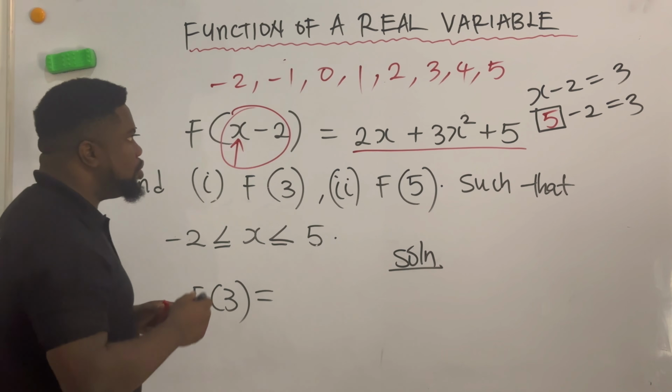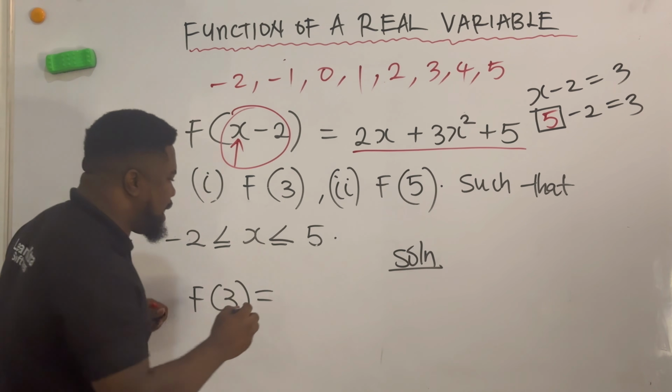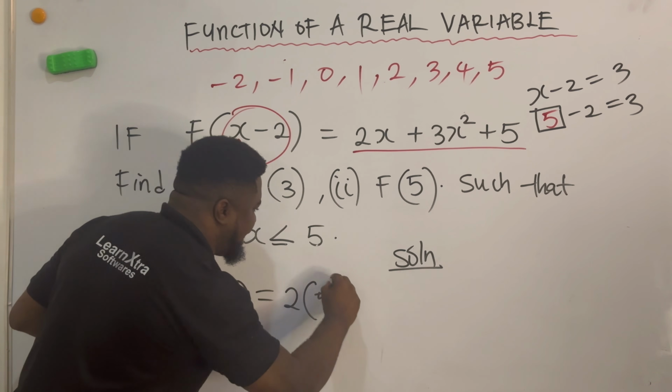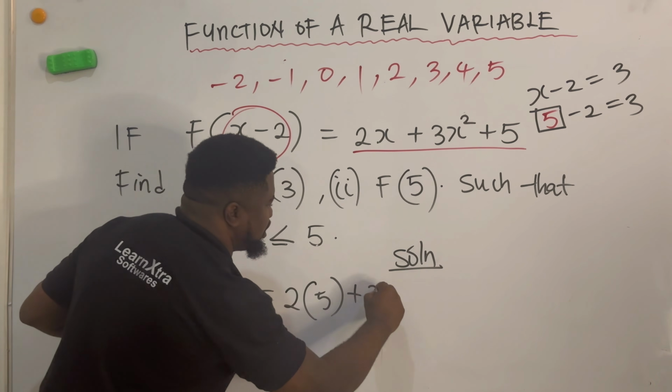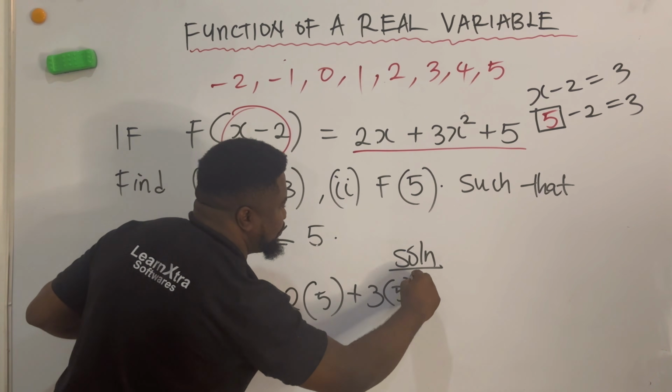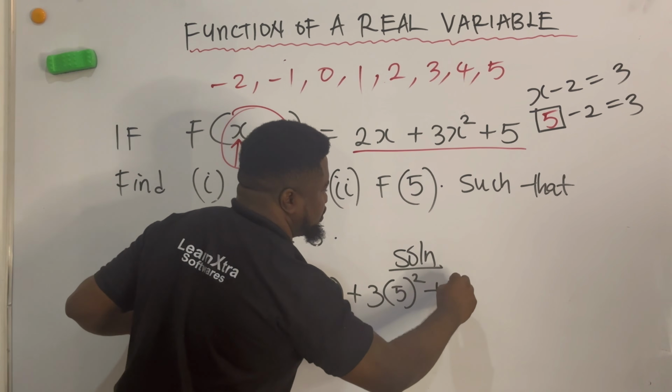So, going ahead to use x as 5, I will have 2 into 5 plus 3 into 5 squared plus 5.